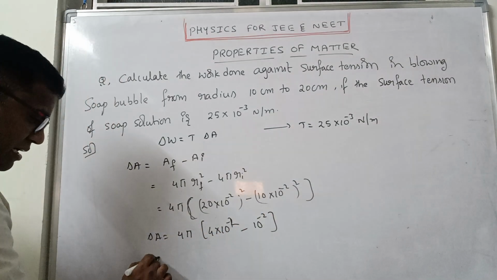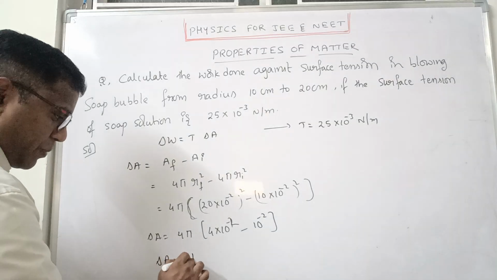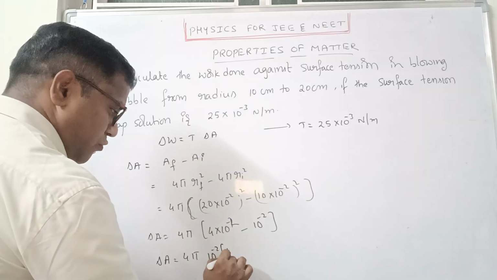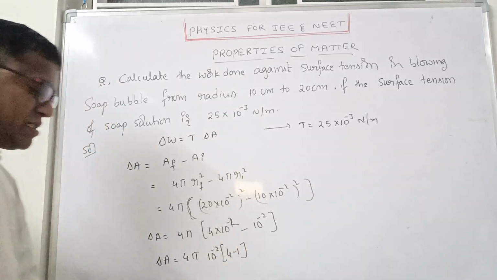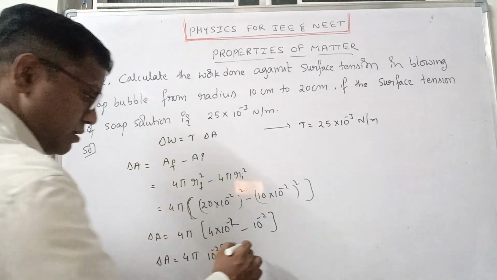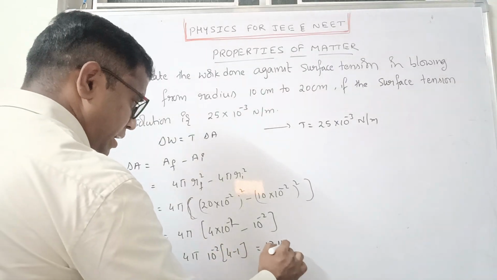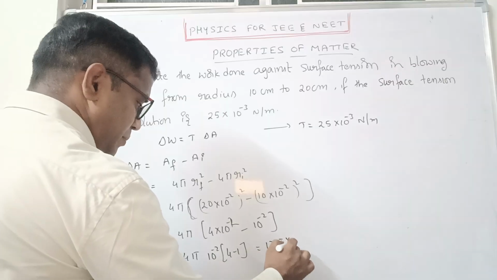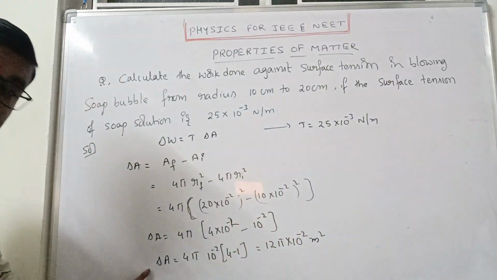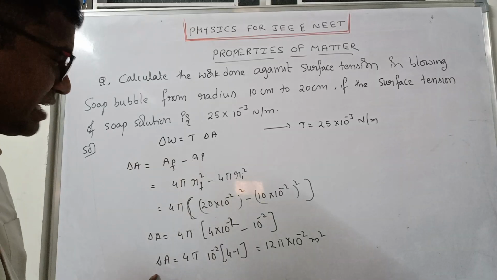So delta A is equal to 4 pi into 10 power minus 2, which I will take common. So 4 minus 1 is nothing but 3. 3 fours are 12. So delta A can be written as 12 pi into 10 power minus 2 meters square. This is delta A.